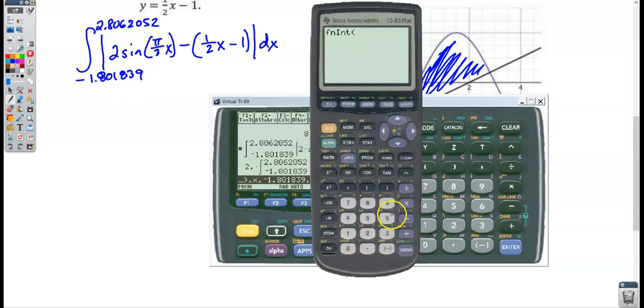We're going to do the numerical integral of the absolute value of 2 sine of pi over 3x minus 1/2 x minus 1, with respect to x from negative 1.801839 to 2.806252.